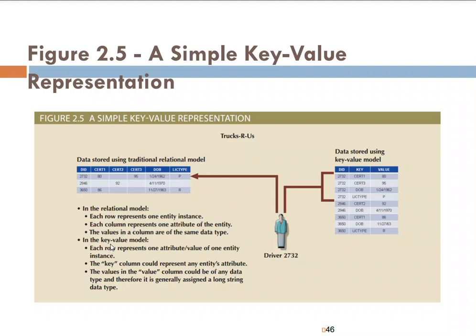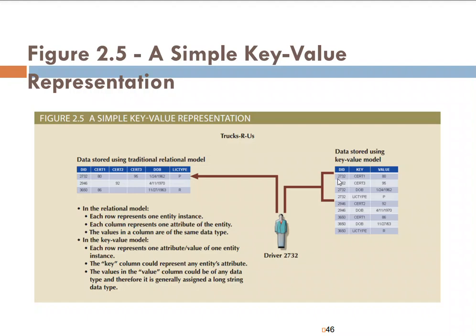Okay, apa beza dengan key value model? In the key value model, each row represent one attribute or value of one entity instance. Okay, kalau yang ni, column yang represent attribute, but this one, using key value model, satu row ni akan represent one attribute or value of one entity instance.